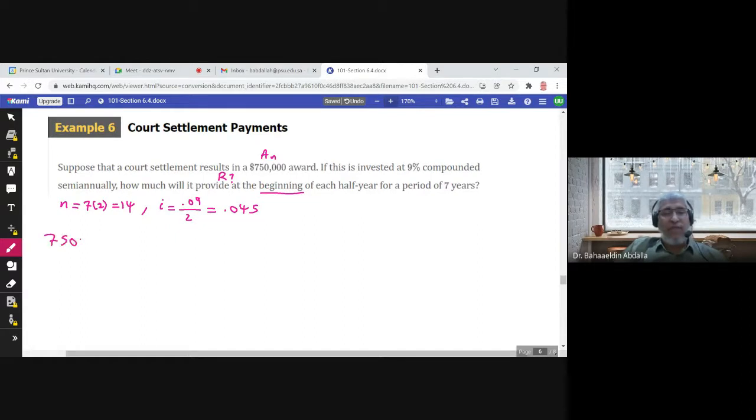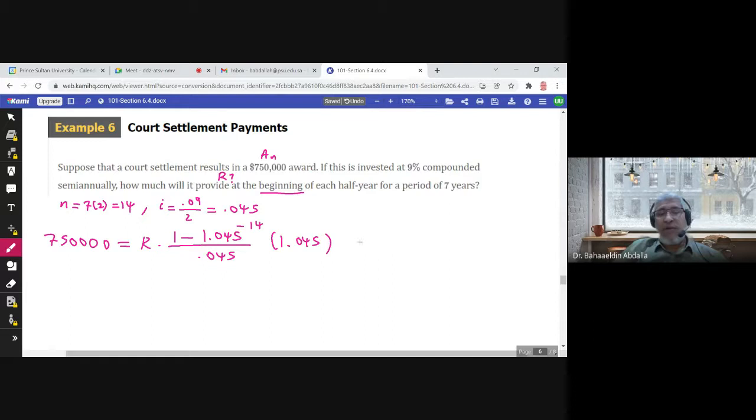So we have A_n here, and R is missing. It is R times (1 minus 1.045 to the power negative n) over 0.045 times 1.045. This is 1 plus i.